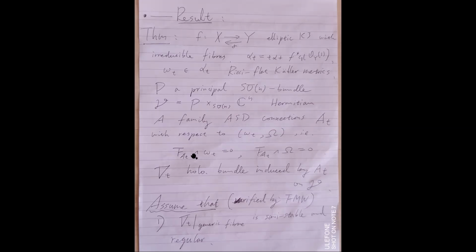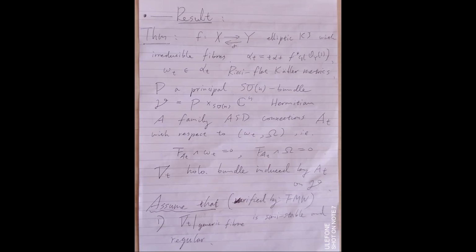So we write this ASD equation in this way. And V_t is the holomorphic bundle induced by this connection. Topologically, all of these V_t are this V, but with different holomorphic structures.